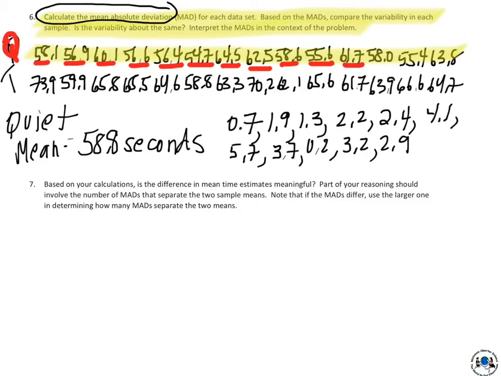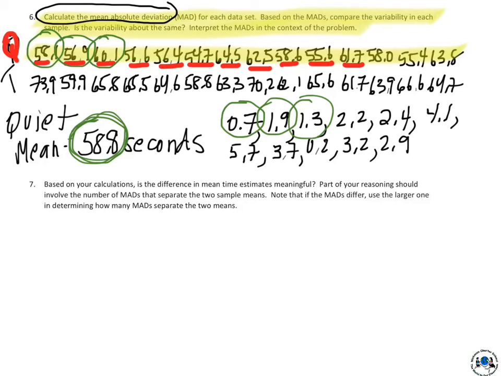Right here, for example, this 0.7 is the difference between 58.1 and 58.8. Then I find the difference between 56.9 and 58.8. So I'm always using the mean in comparison, and then I put the difference here. 60.1 and 58.8, 1.3. So you can see what I do.